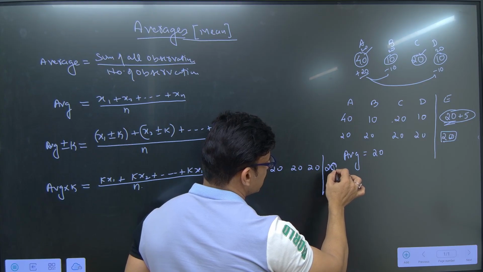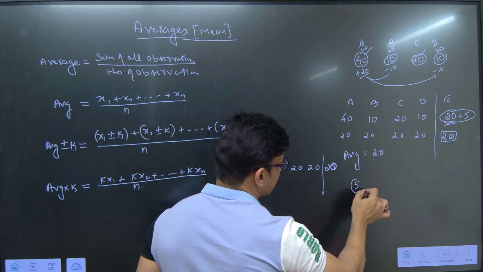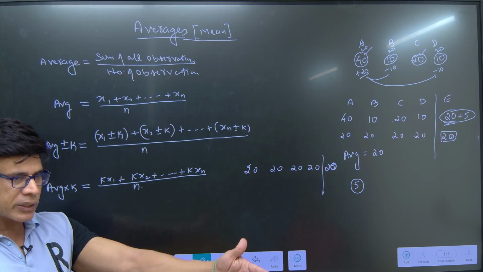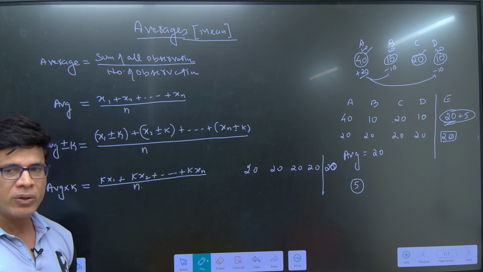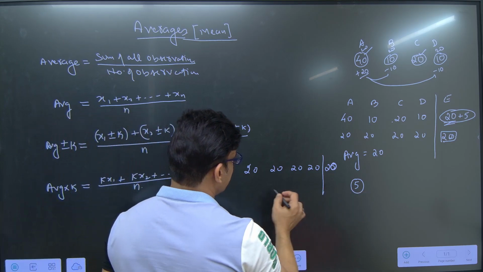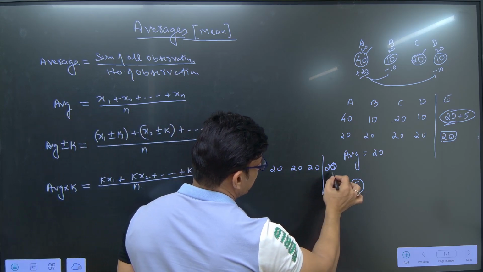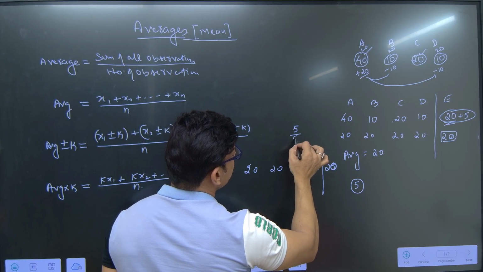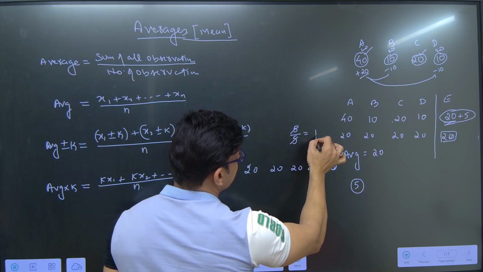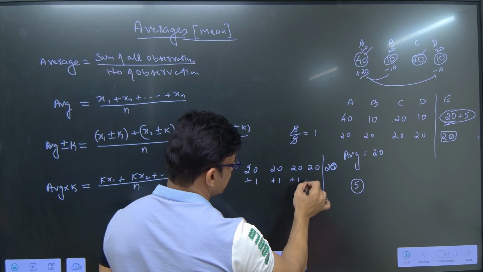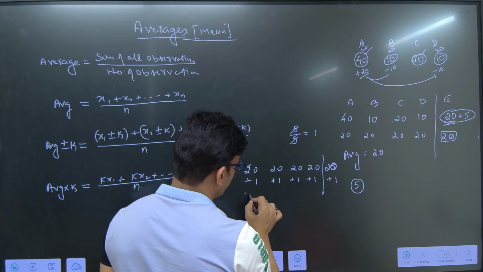So he will also first keep 20 chocolates, and the remaining 5 he will distribute equally among all of them, including himself. There are 5 people, so 5 chocolates among 5 people, such that each one will get 1 extra. And now the new average will be what?